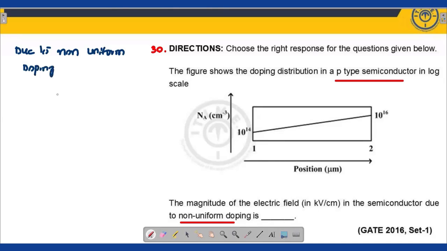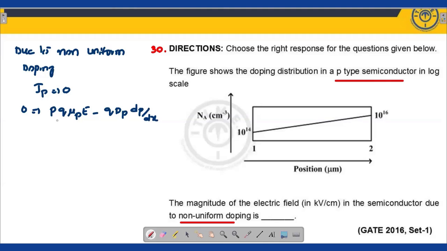this is a p-type semiconductor. The current density equals 0. So this current density value 0 is equal to the expression for the p-type semiconductor, which is minus q Dp into dp by dx.